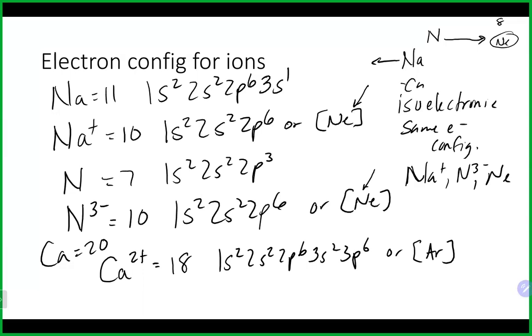If you find calcium and go backwards, you're going to find argon basically hanging out there. Now, this is what happens with representative elements, and these are elements that are not in the transition metal region of the periodic table. They will, by again either gaining electrons or losing electrons, go forward or backwards on the periodic table and end up at a noble gas configuration.